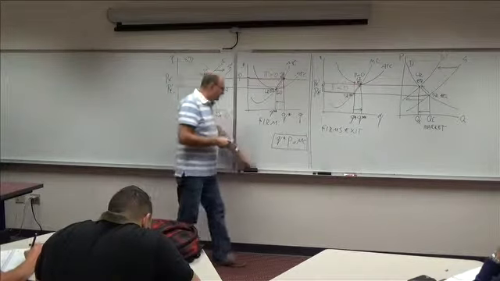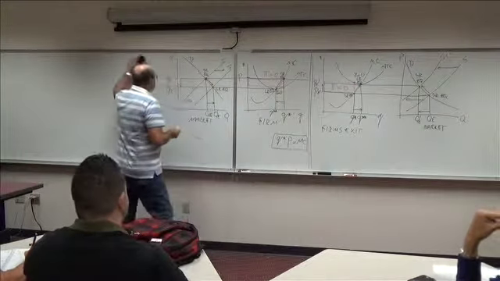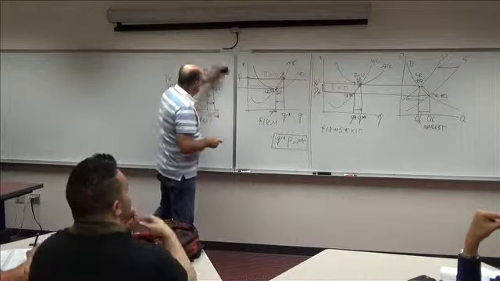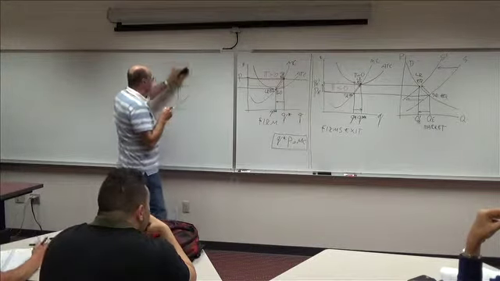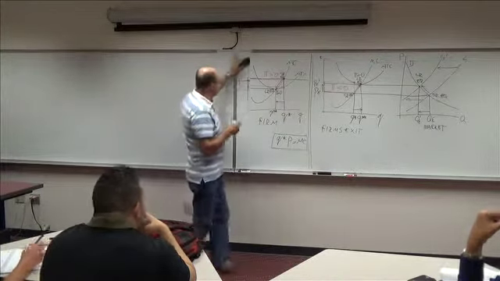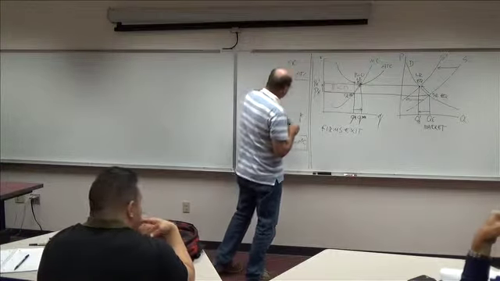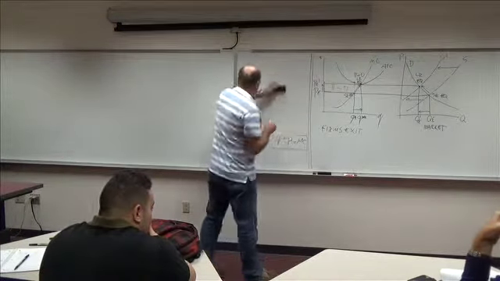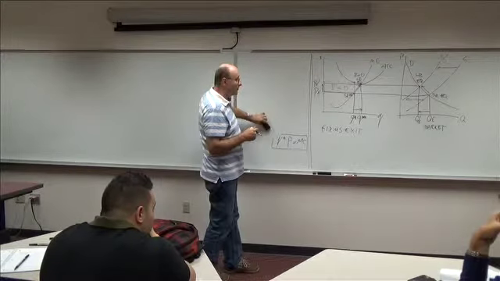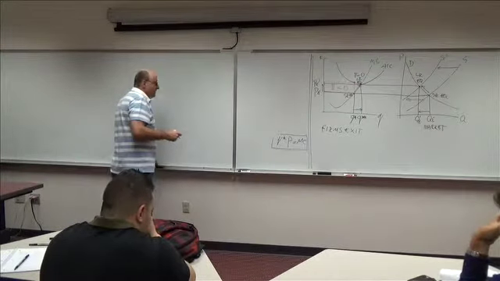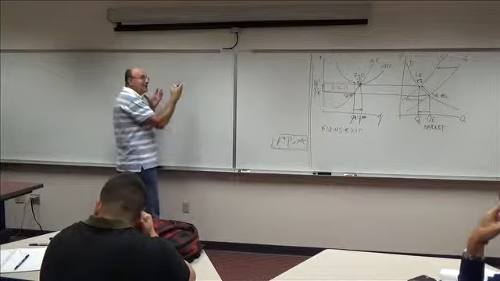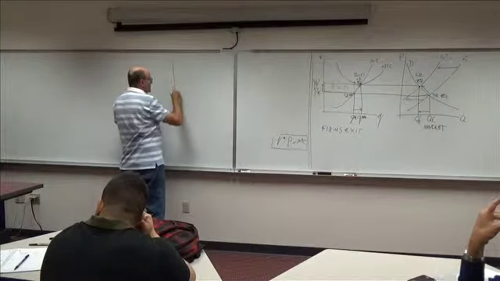Let me now clear this part of the board and just show you a clean picture of an industry and a firm in a long run equilibrium. Okay? So far we've basically studied how firms get to that long run equilibrium, and now let's see very cleanly what that long run equilibrium looks like.